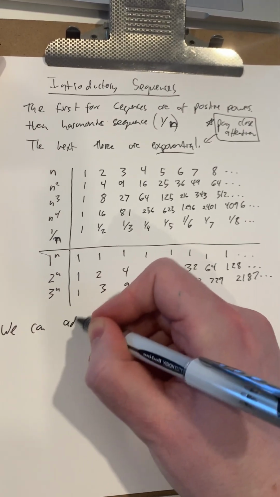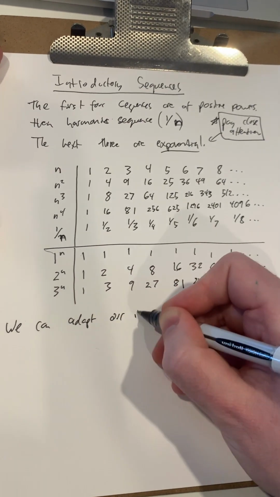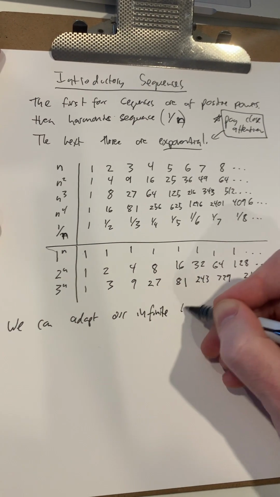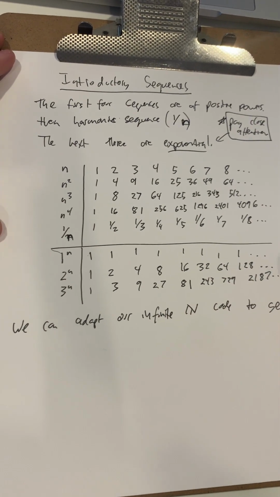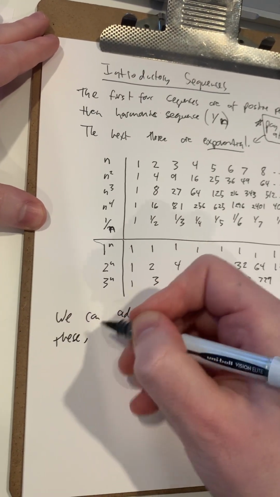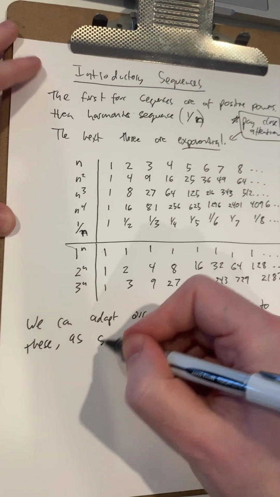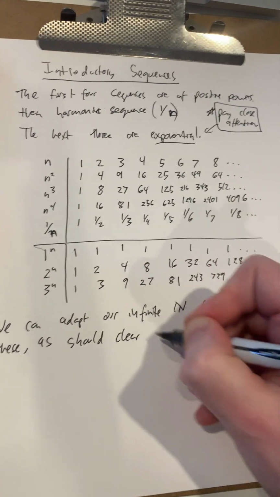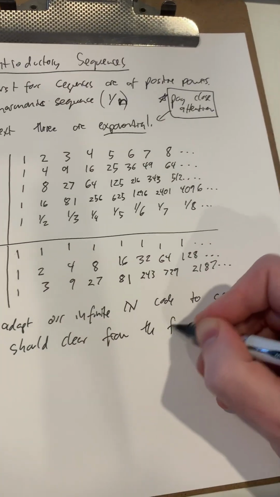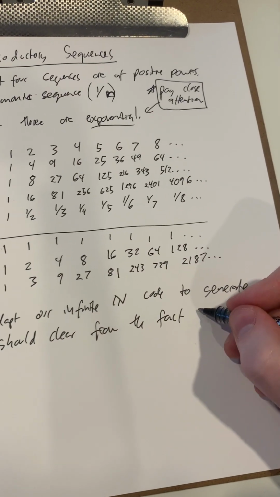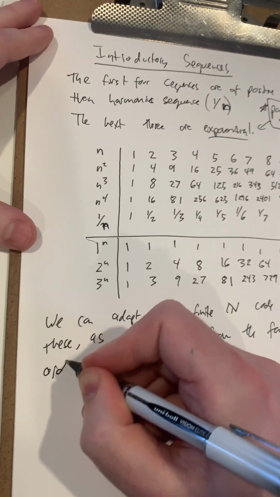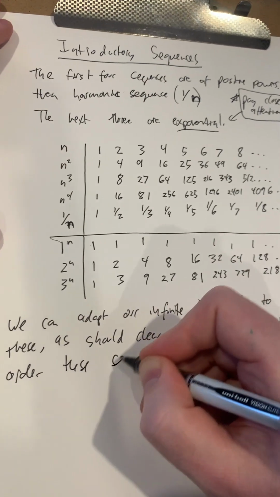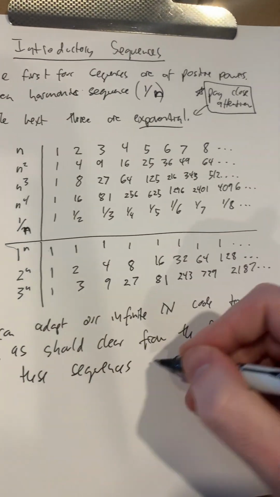We can adapt our infinite code to generate all of these, as should be clear from the fact that we can order these sequences by n.